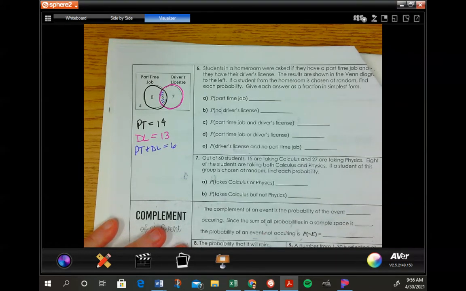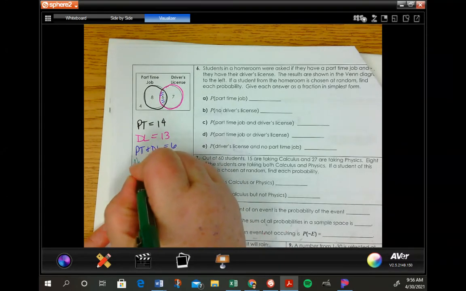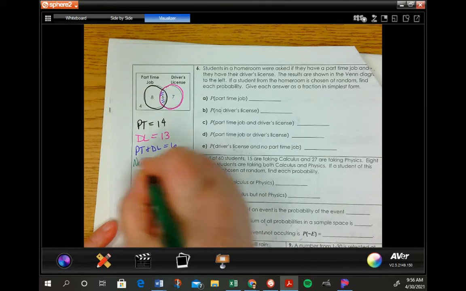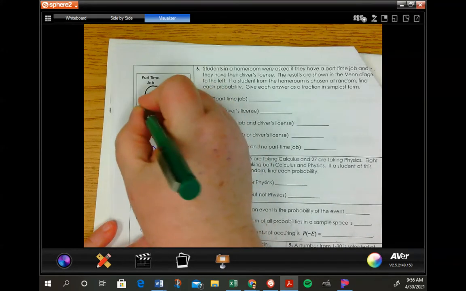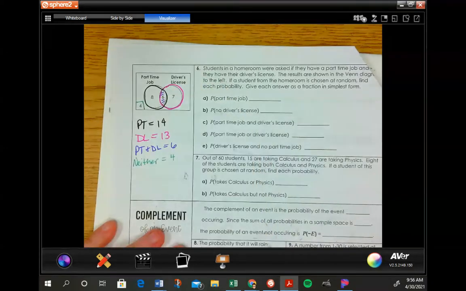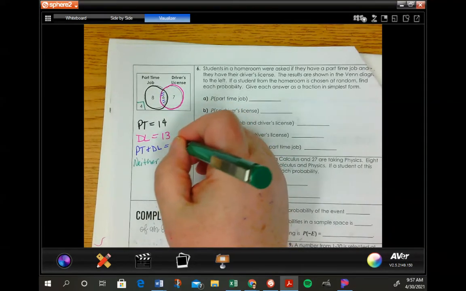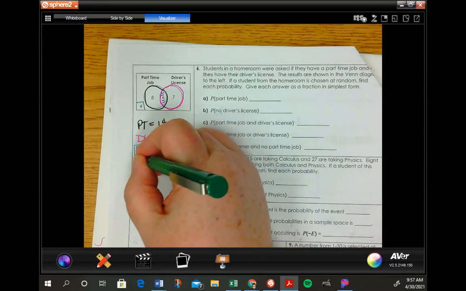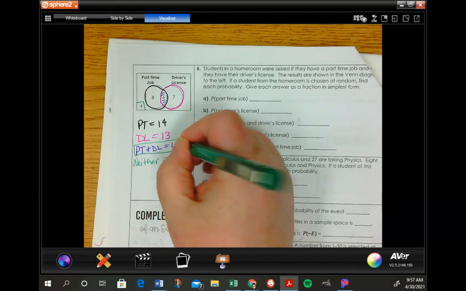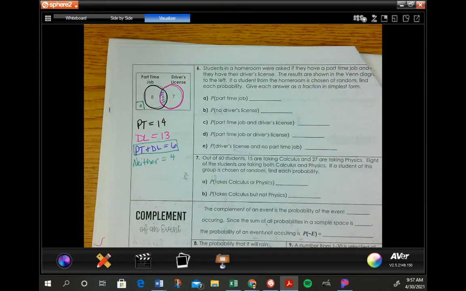And then none, neither, equals 4. So how many altogether? See, we can't count this 6 twice. So how are we going to count this?